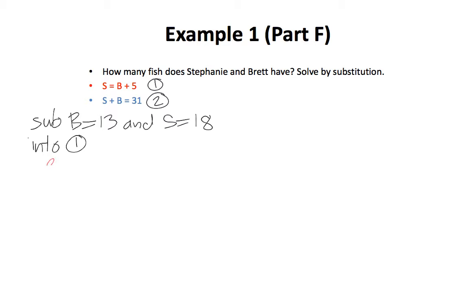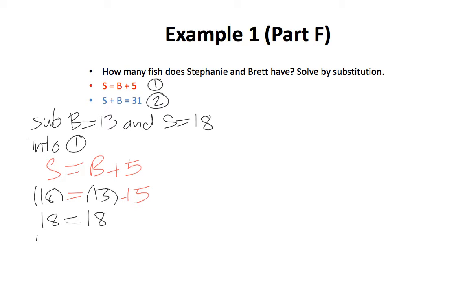Equation 1 was S is equal to B plus 5. I'm going to replace the S with 18 in brackets. I'm going to replace the B with 13 in brackets. Plus 5 stays the same. So the left side is equal to 18, and the right side is equal to 13 plus 5, which is 18. Therefore, the left side is equal to the right side.